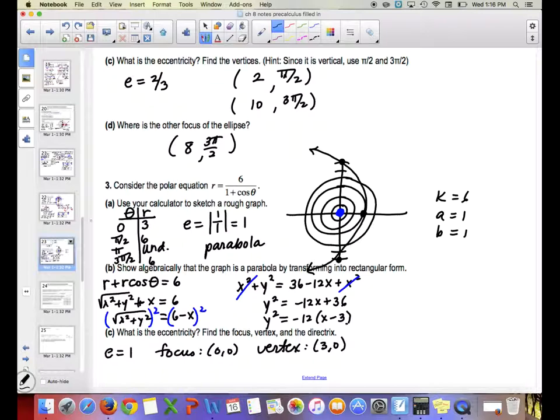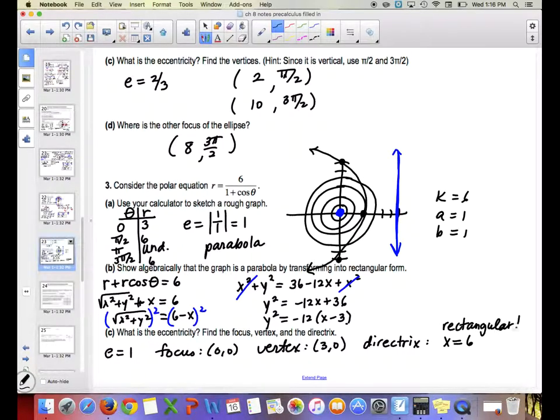And then the directrix. What about the directrix? It's out at 6, and it would be this vertical line right here. So really, in rectangular, we would write it as x equals 6, but that's rectangular.